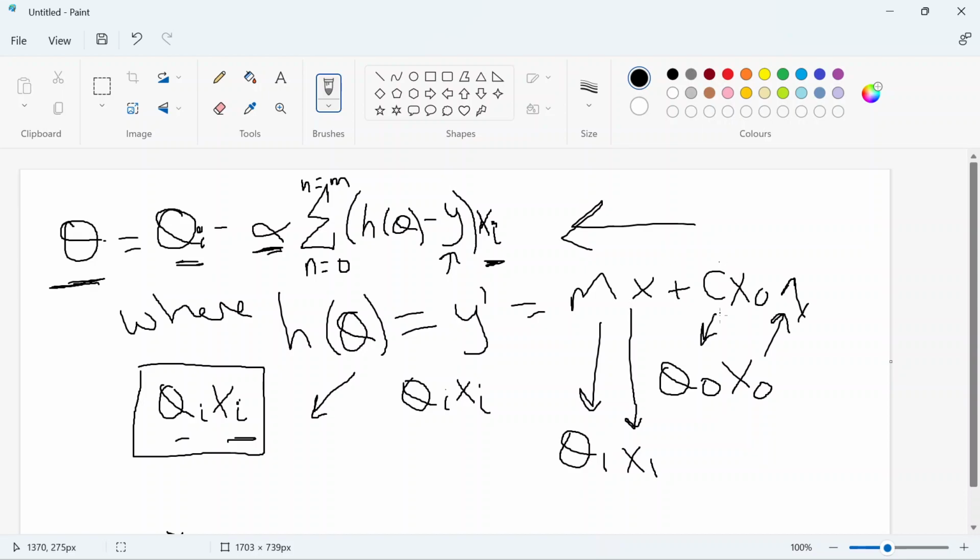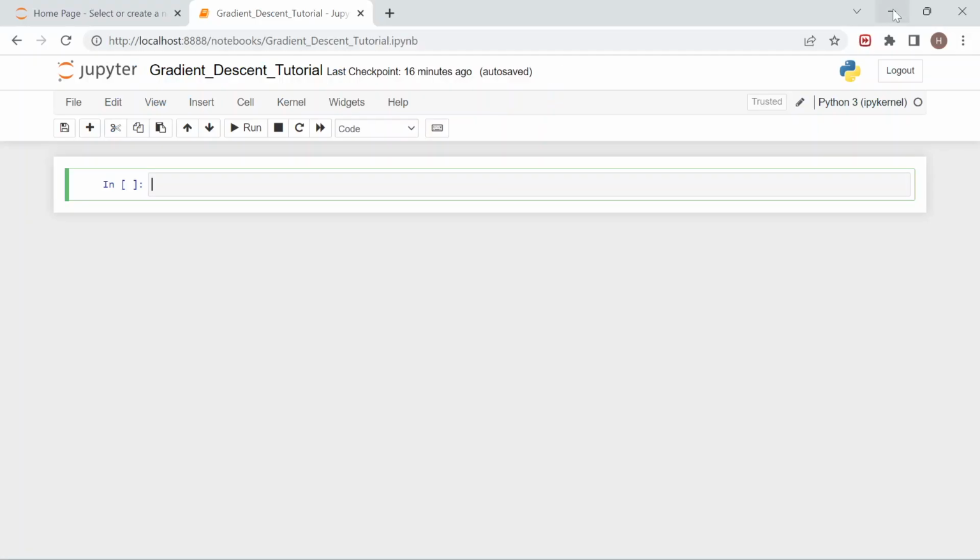We will call this parameter theta 0, and x0 will be 1, or you don't even need it because we are just using one feature anyway. So now I will import some basic libraries that will be helpful for this.